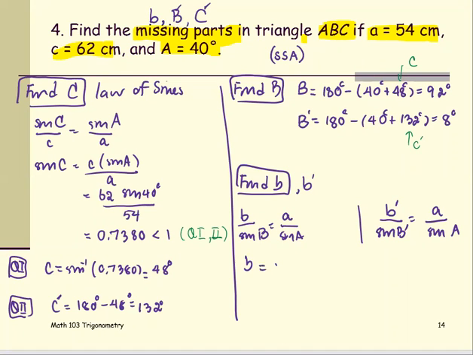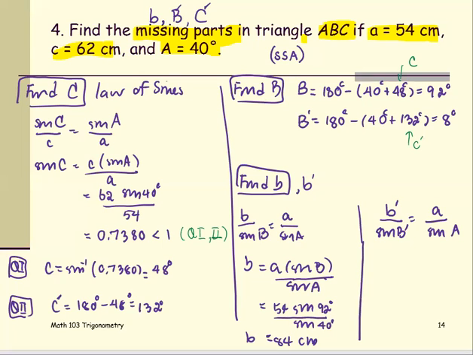So side b would be a multiplied by sine B over sine A. The a value is 54 multiplied by sine of B, which is 92 degrees, divided by sine A, which is sine of 40 degrees. We got side b as 84 centimeters.